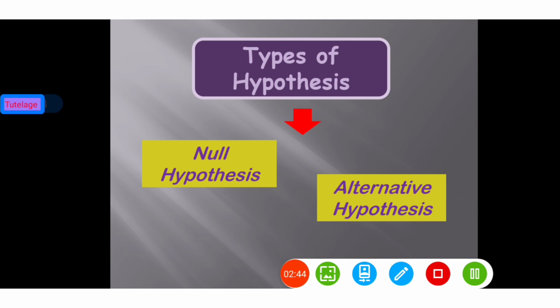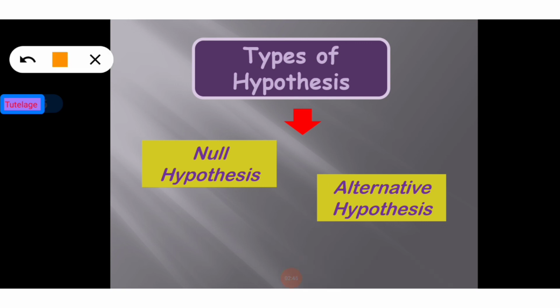There are two types: the null hypothesis and the alternative hypothesis. Both concepts are very important, because probability and hypothesis concepts are taken from the subject statistics.